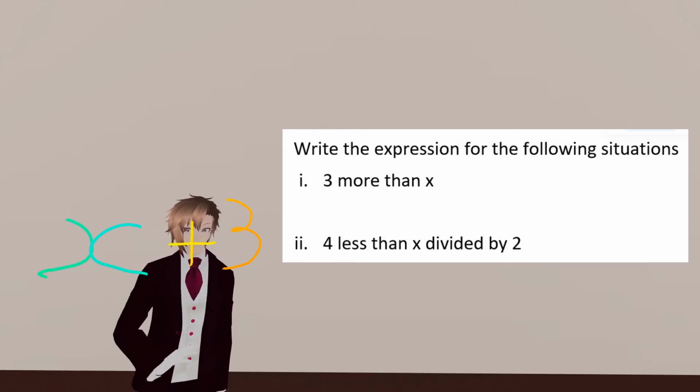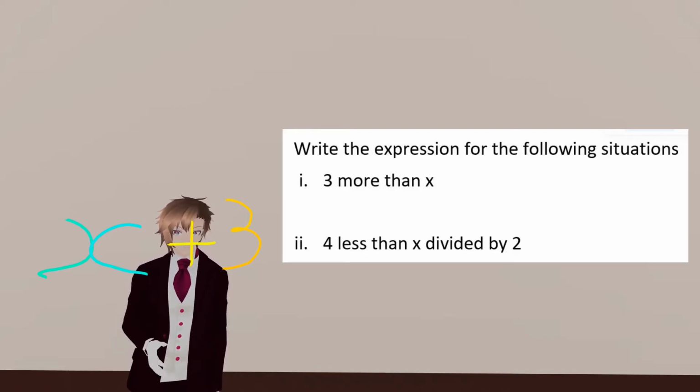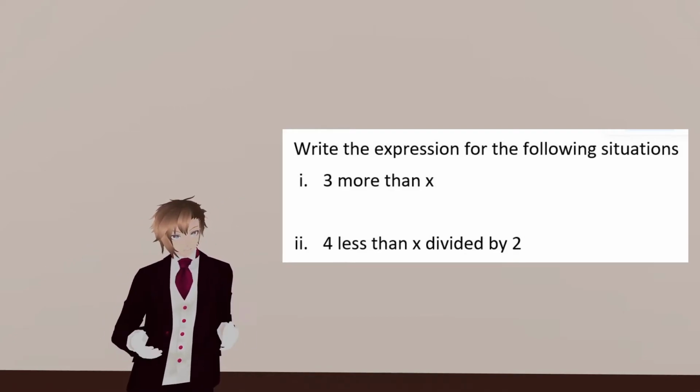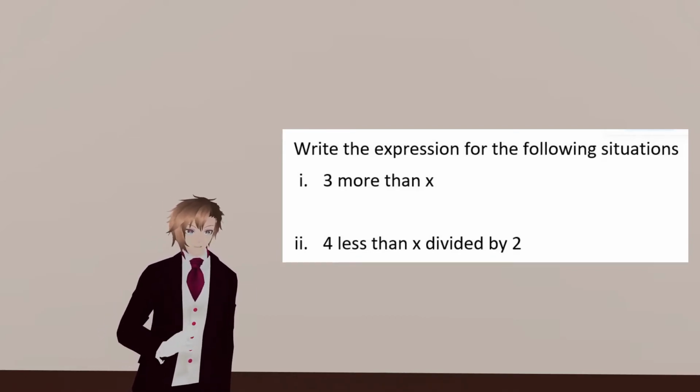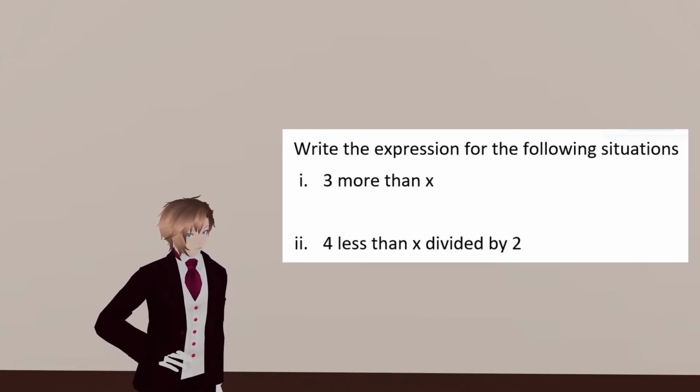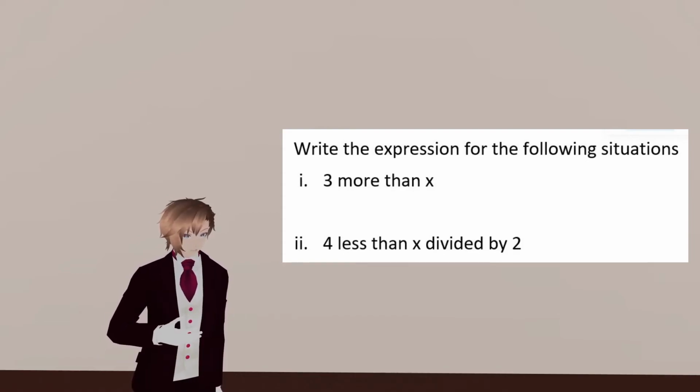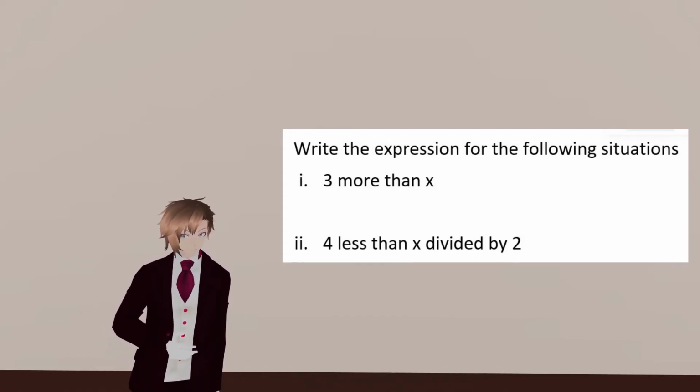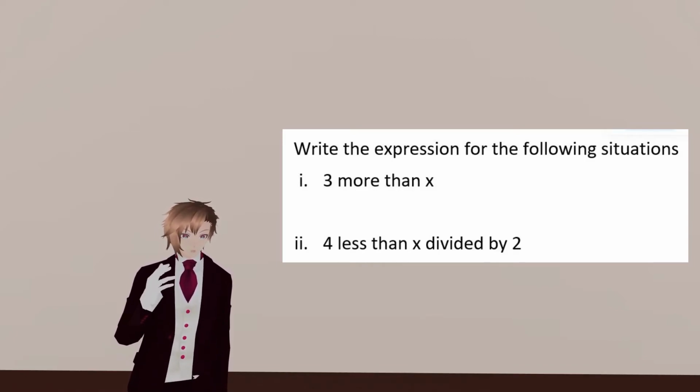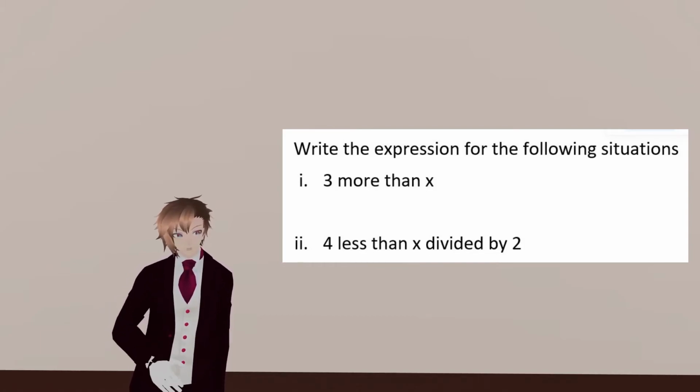So here is a much shorter way of writing 3 more than x. Now you might be saying that's not very long, but sentences can get much, much longer. Let's have a look at the next one. 4 less than x divided by 2. That's quite a long sentence. I don't really want to have to write that out. And so we can change the words into symbols. We have 4 less than x.